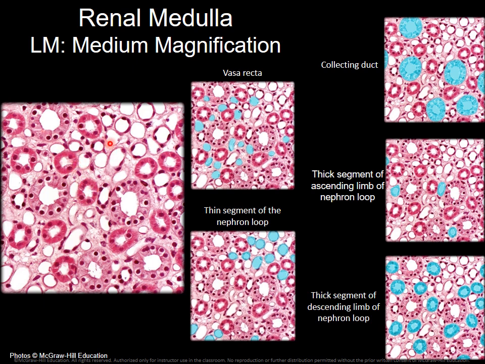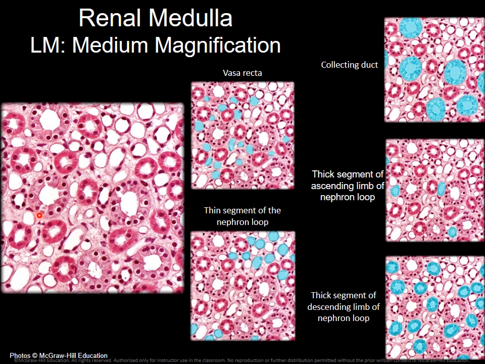So we've got very, very thin-walled blood vessels, and then we've got the thin segment of the nephron loop, and it's actually very difficult really to tell the difference between a capillary and the thin segment of the loop, because they're both essentially tubes of simple squamous epithelium. But we do see the thick segments, darker purple here, the thick segments of the loops of Henle.